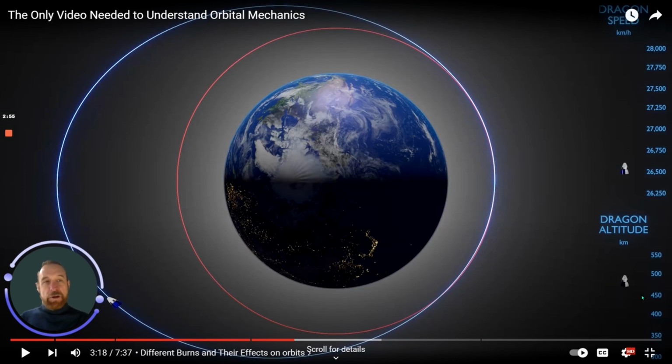I think a better way to show this might be to have two columns, because the speed and the altitude are totally correlated, at least once you've achieved an orbit, and the altitude is changing, but so is the speed.